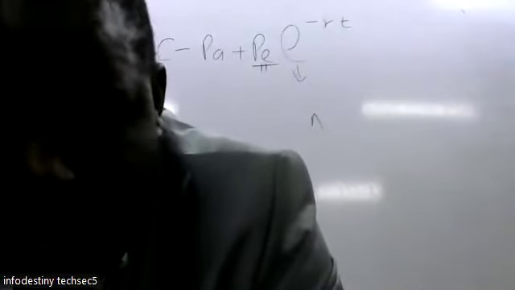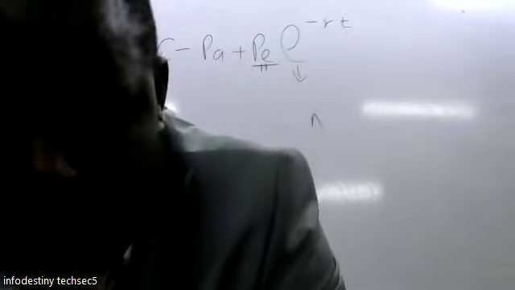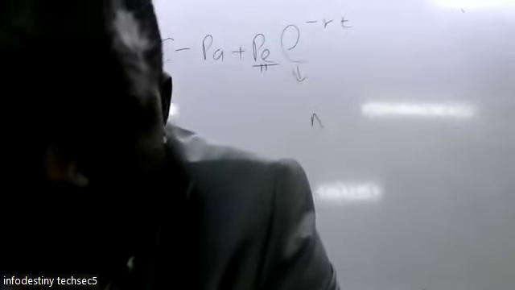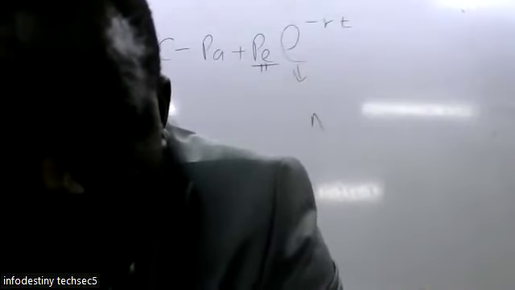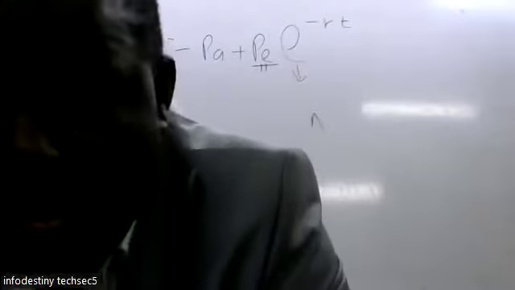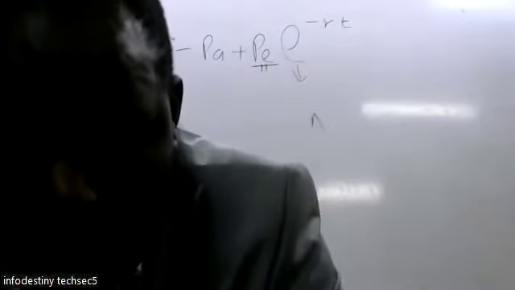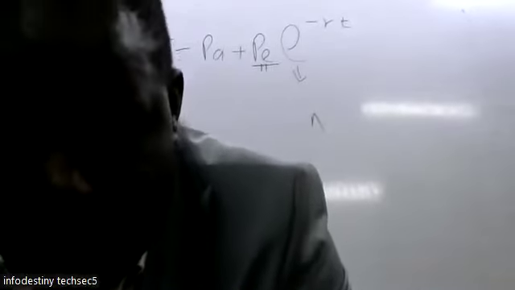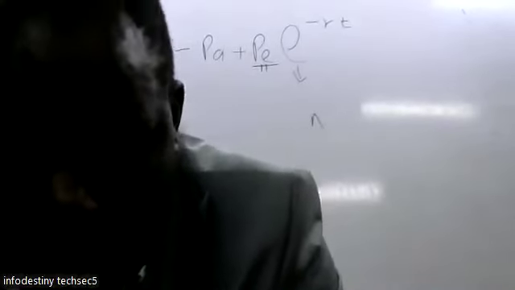Then number 3 will be shut down option, you close down. The next one will be the growth option. So those are some of the examples of the real option.